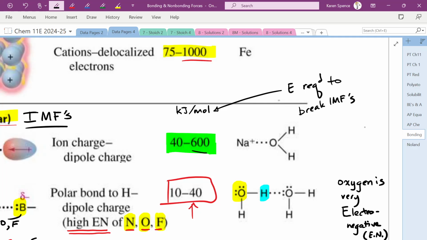And then, of course, if they form, that's the amount of energy that is released when they form. So either it's the energy required to break them or it's the energy released when they form.